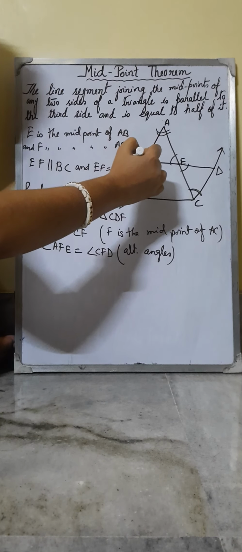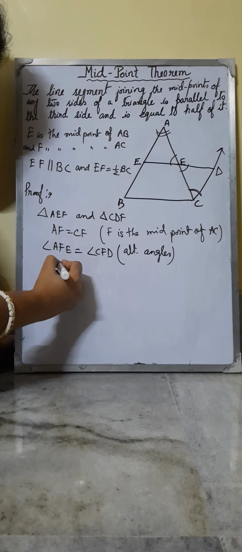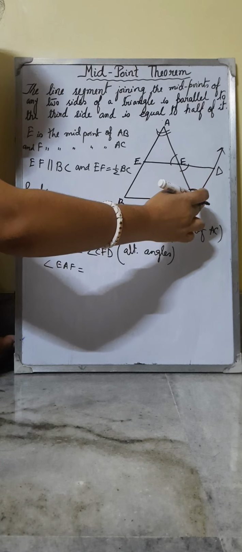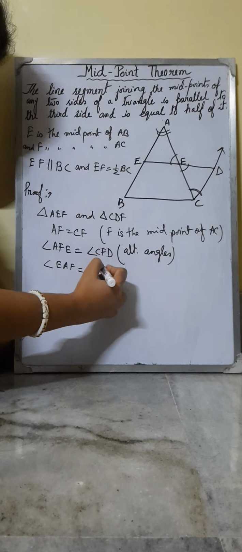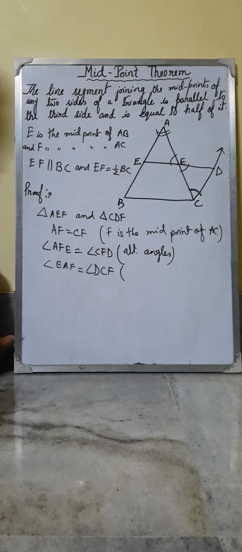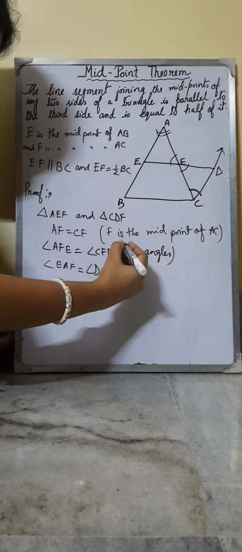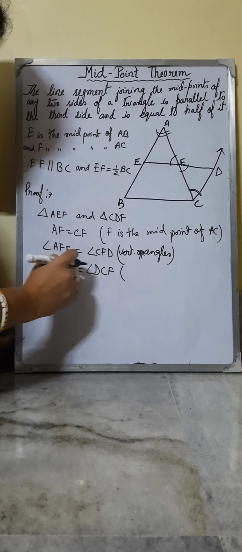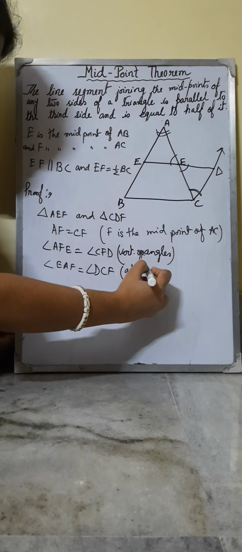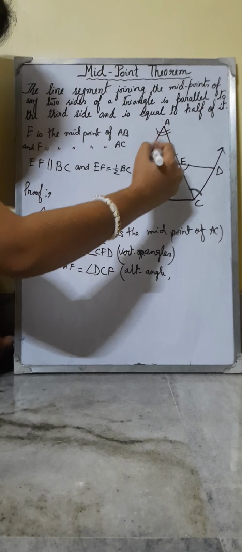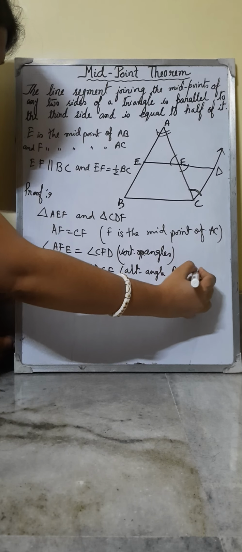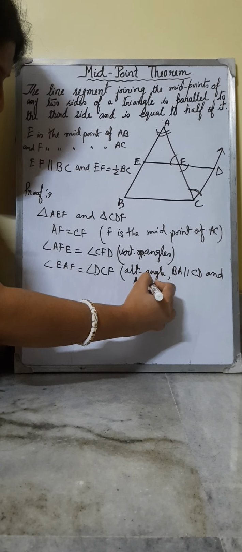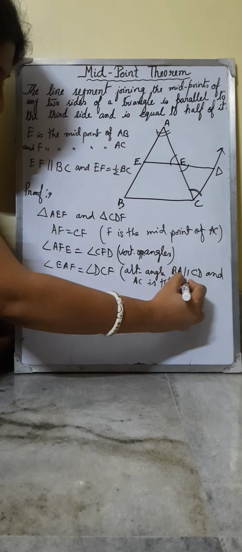Next, angle EAF equals to angle DCF, and this is an alternate angle because BA is parallel to CD and AC is the transversal.